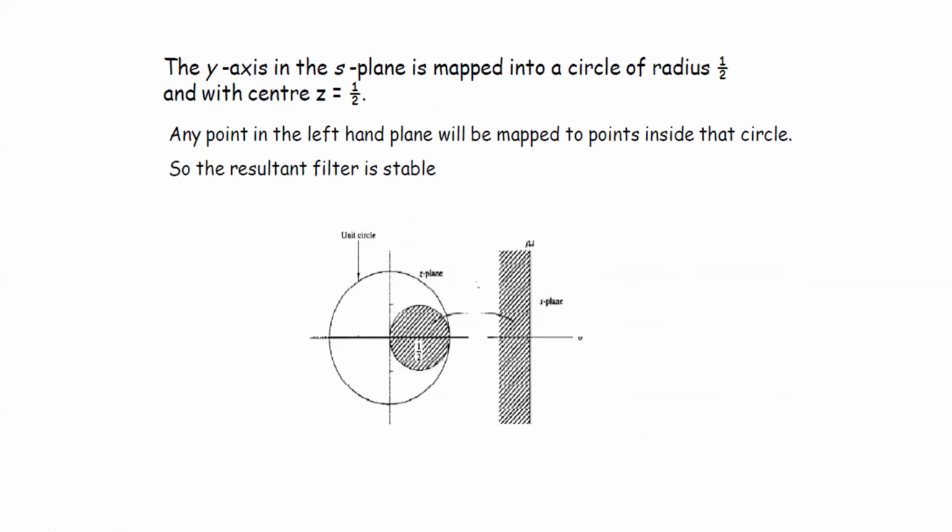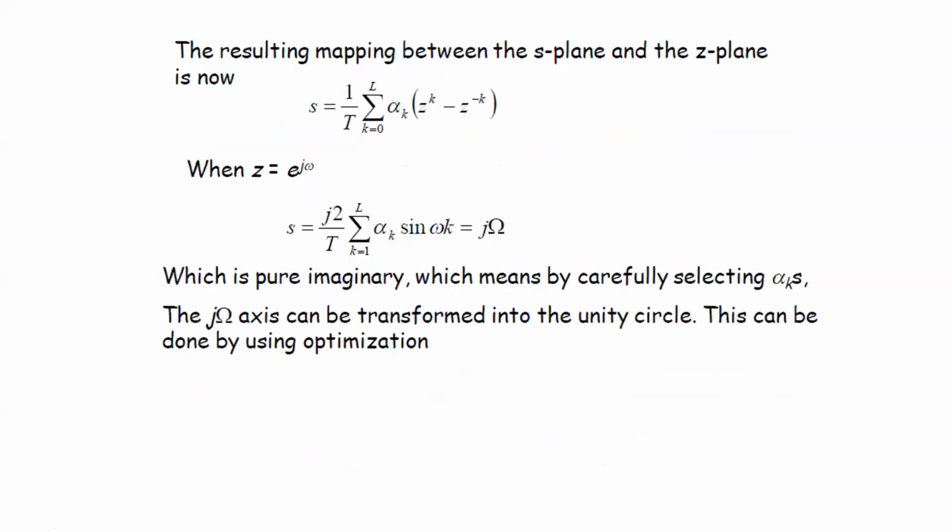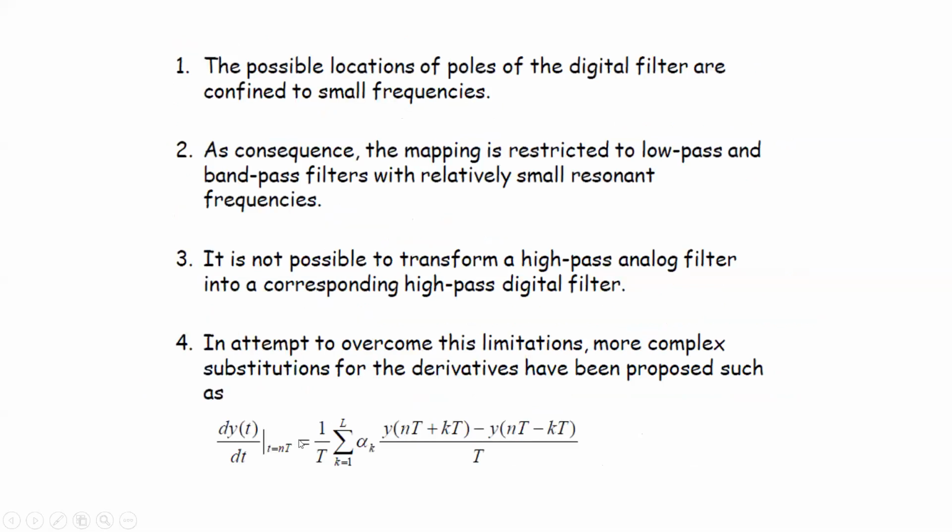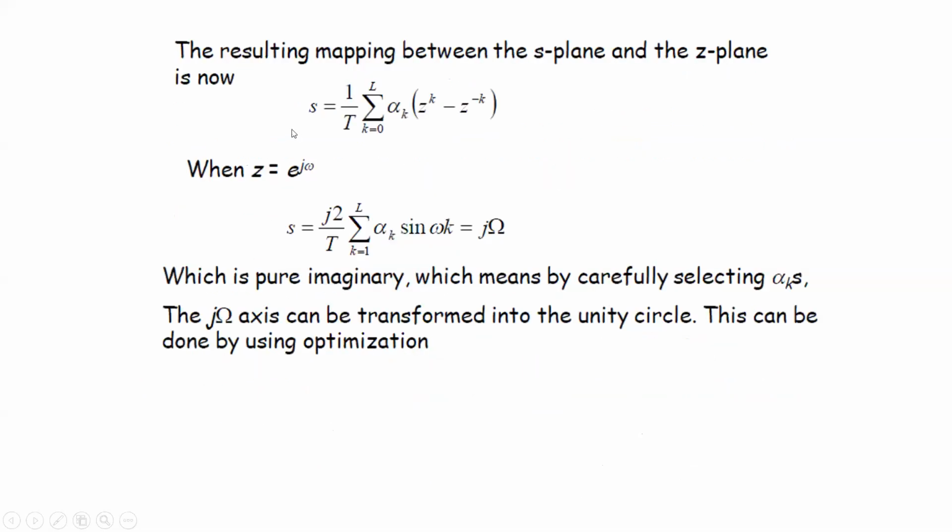I further said that we can improve upon this situation if we use this approximation. In an attempt to overcome this limitation, more complex substitutions for the derivatives have been proposed by scientists. So if we solve this approximation of derivatives, then we will reach this approximation: s is equal to 1 by T alpha k z to the power k minus.